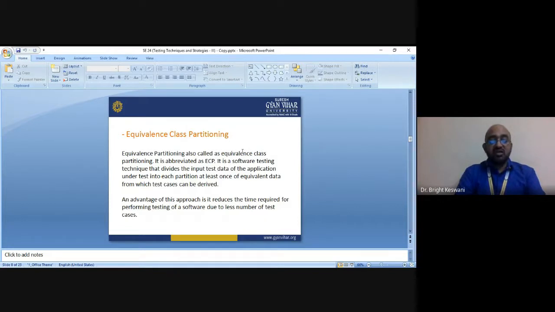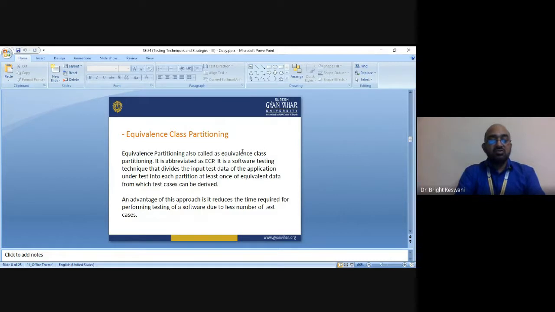if an input condition specifies a member of a set, one valid and one invalid equivalence class are defined. Okay, so these are the important guidelines, and the last guideline, the fourth, is related to the Boolean expression. If an input condition is Boolean, one valid and one invalid class are defined.